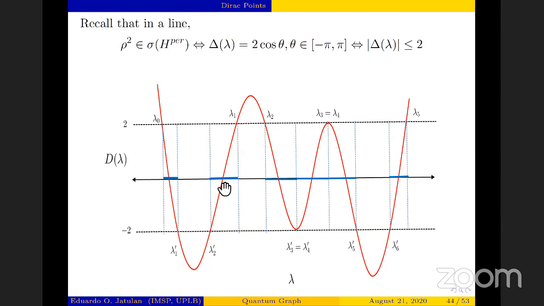And this is the Hill discriminant, and the spectrum of the line will be where this delta is between -2 and 2. And this can coincide. For example, here, lambda 3 and lambda 4 coincide. And if they coincide, the spectral bands meet at this point. So if they meet, we have some candidate for the Dirac point.